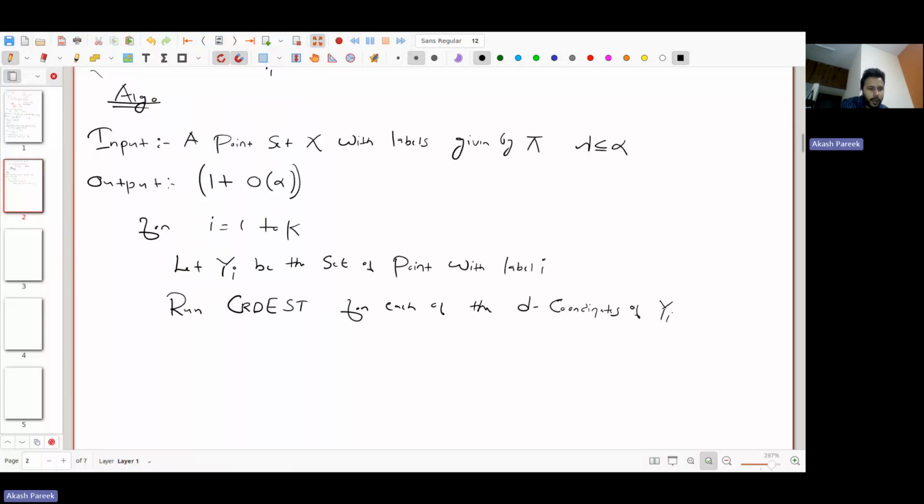Once I am done with this, I will get an approximate center ci dash. This is where my for loop ends, and I do this for all i, and in the end I just return c1 dash to ck dash.